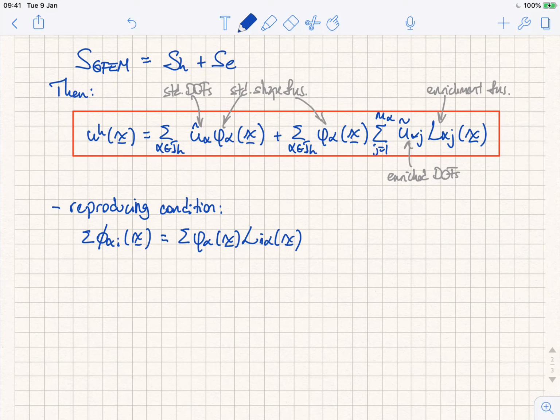Since that enrichment function is basically the same, I can basically take it out, and because of the partition of unity, I know that this is equal to 1 and this is equal to Li of x.